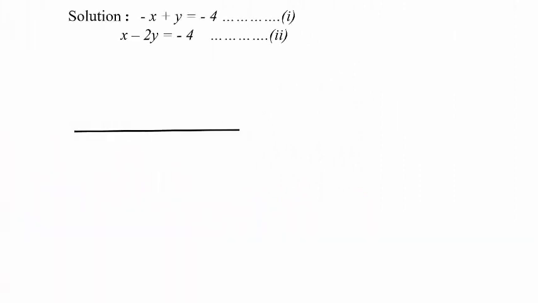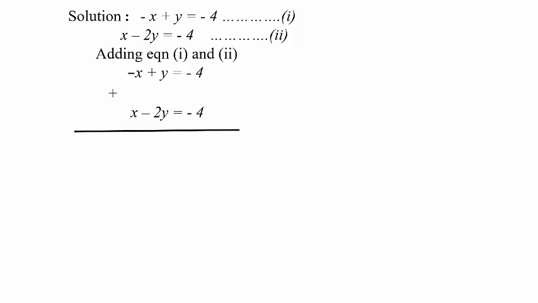Now we want to solve the simultaneous equations. So minus x plus y is equal to minus 4, x minus 2y is equal to minus 4. So again we use the elimination method. The coefficient of x is the same and their signs are different, so we take the addition. Equations 1 and 2, we add these two equations vertically.